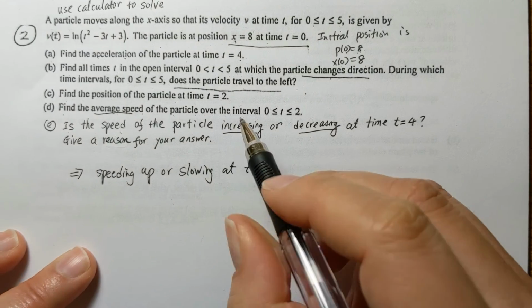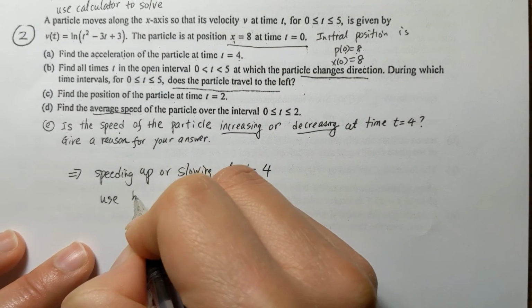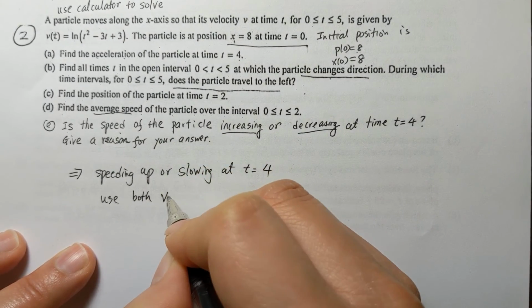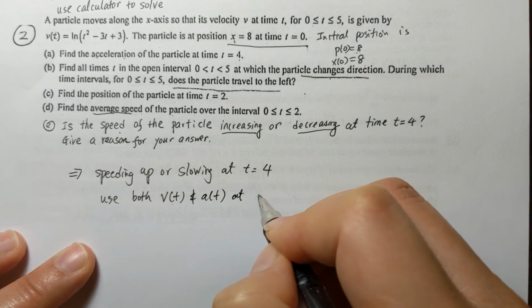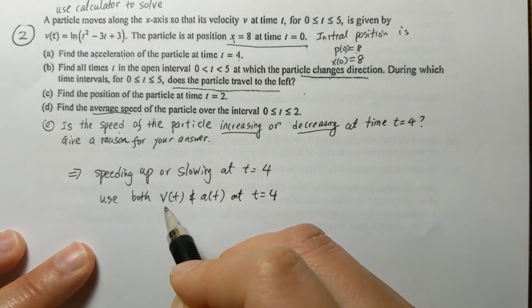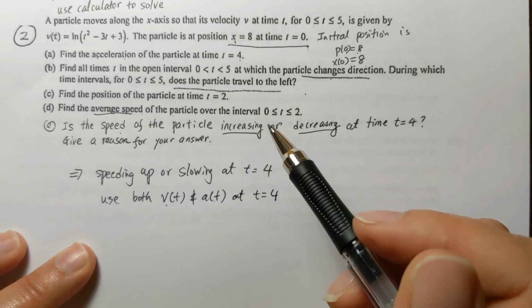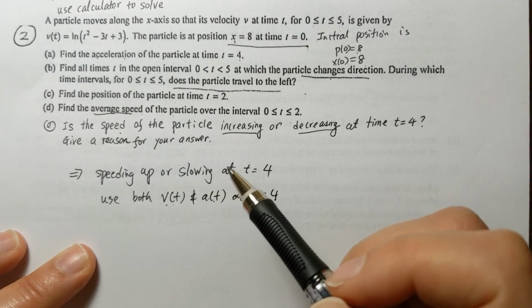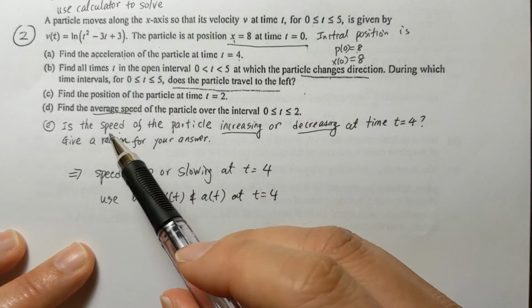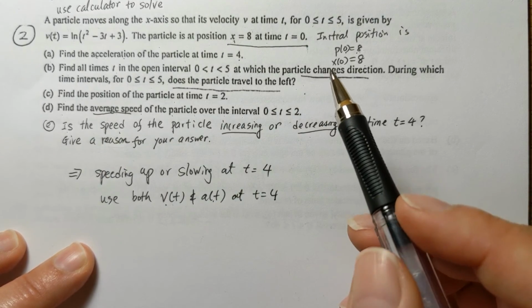So we learned that we need to use both the velocity and the acceleration at t equals 4. If these two have the same sign, the particle speeds up. If these two have the opposite sign, then the particle is going to slow down.